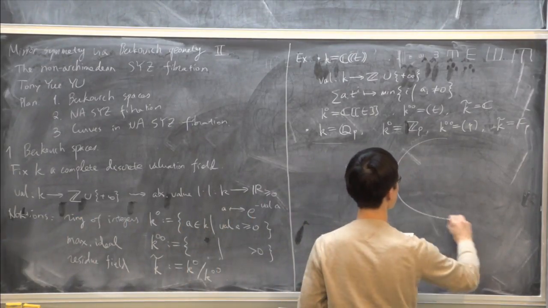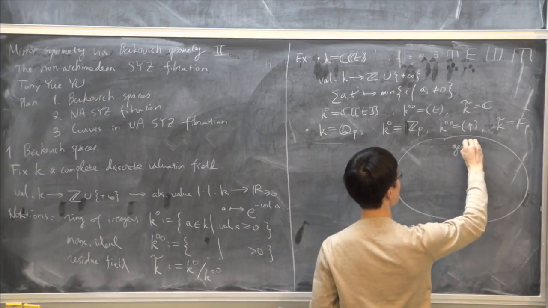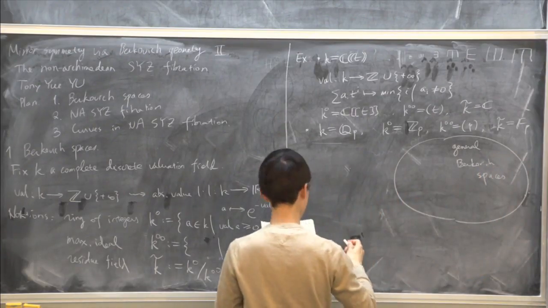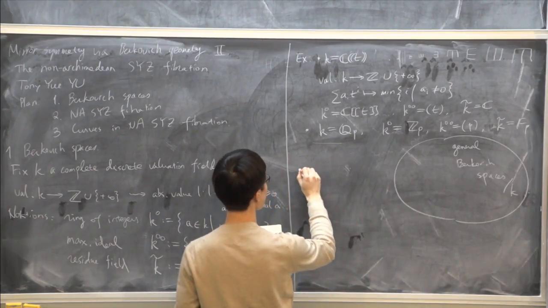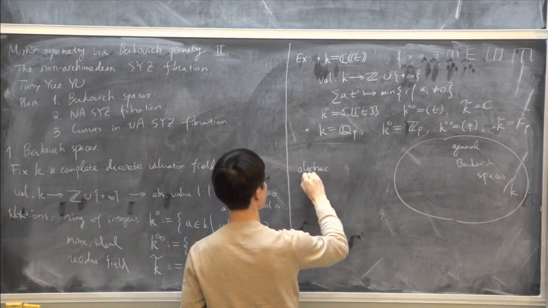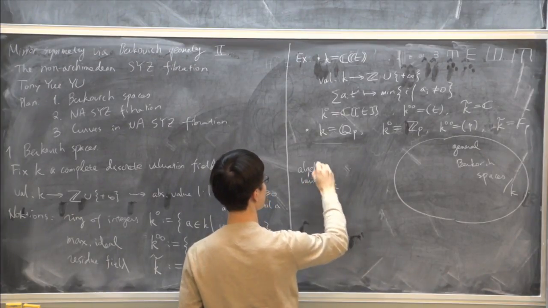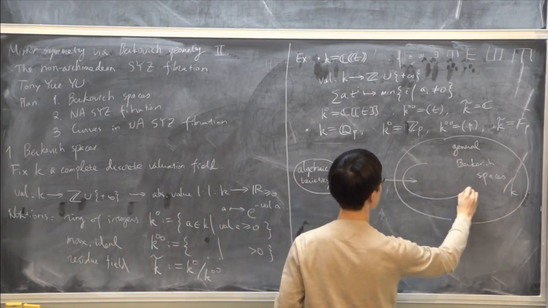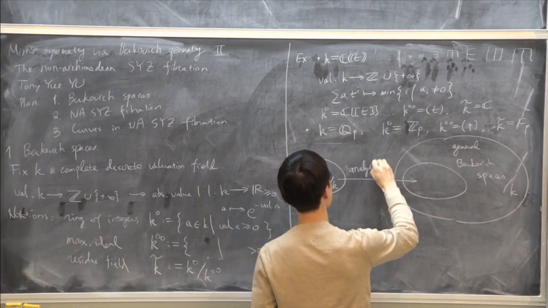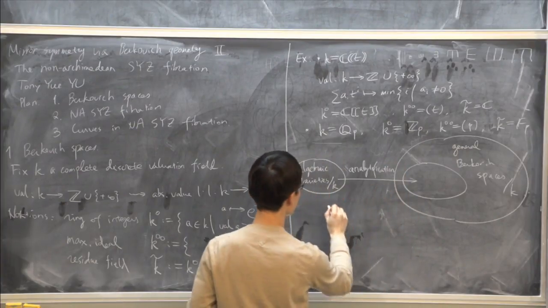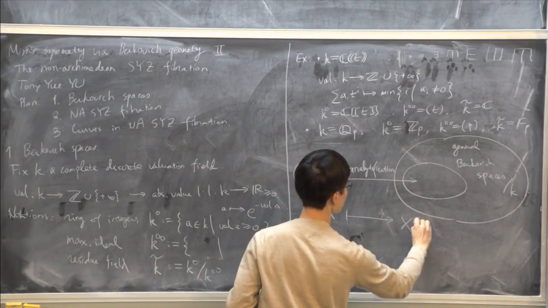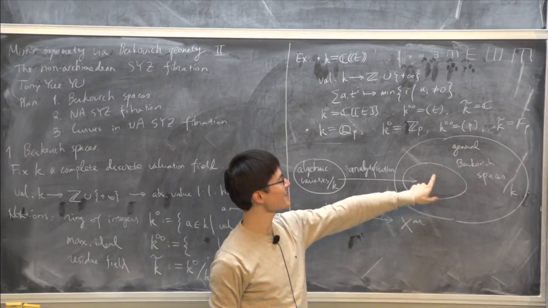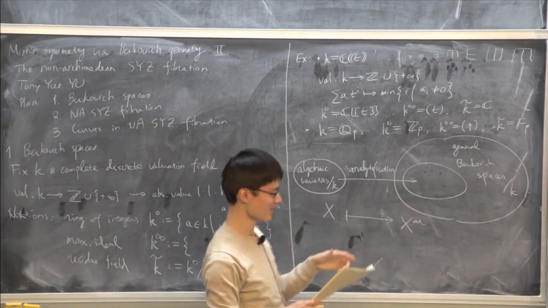So we have general Berkovich spaces over K, and we have algebraic varieties over K. We have an analytification functor that sends an algebraic variety over K to a Berkovich space over K. Let me explain what Berkovich spaces lying in this image are.